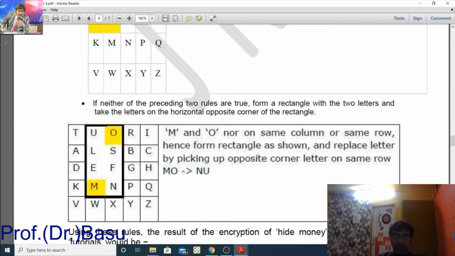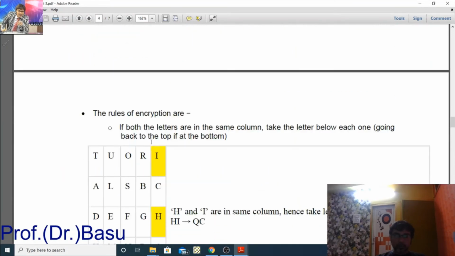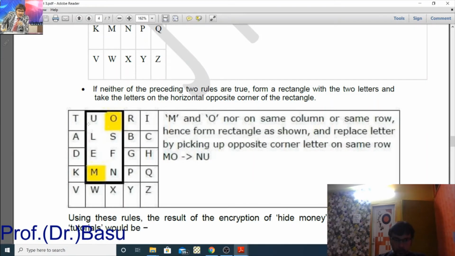See the pair MO. Check how we are getting M and O. We have to form a rectangle with M and O as corner elements. Take the letters on the horizontally opposite corners, since M and O are not on the same column or same row, hence form the rectangle.